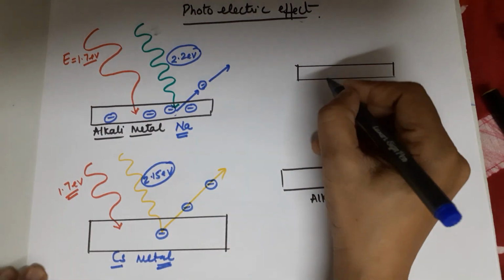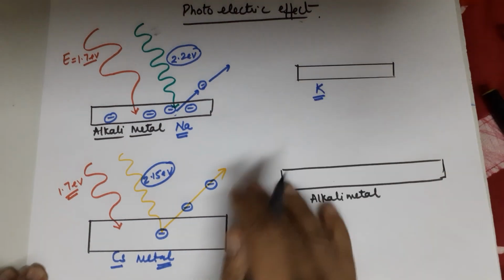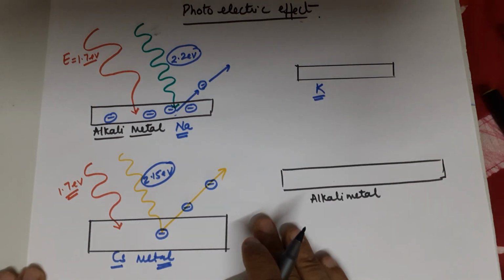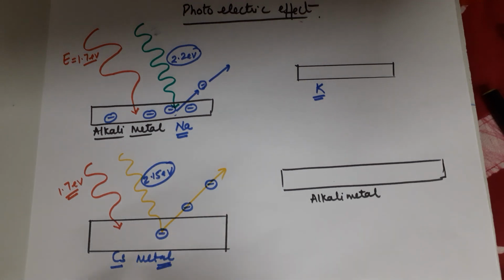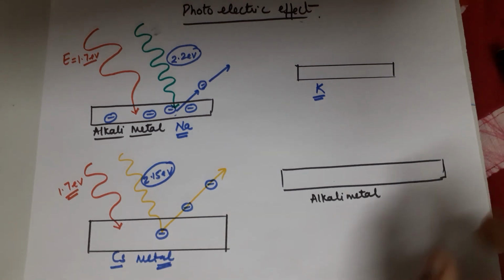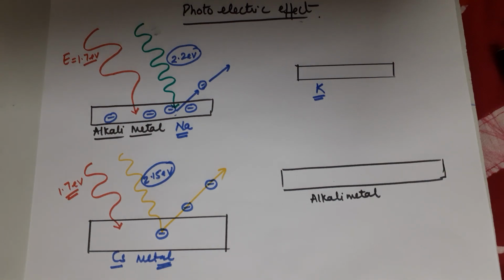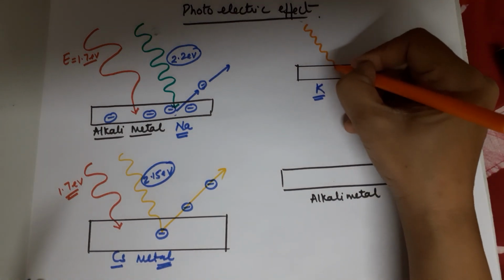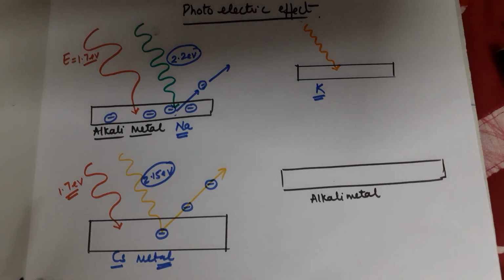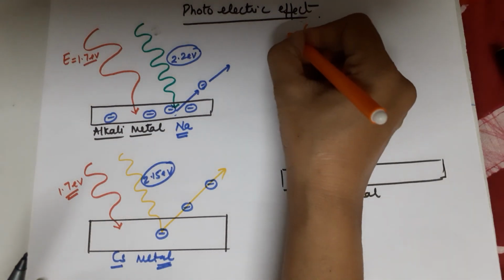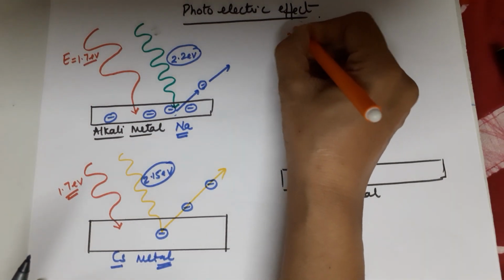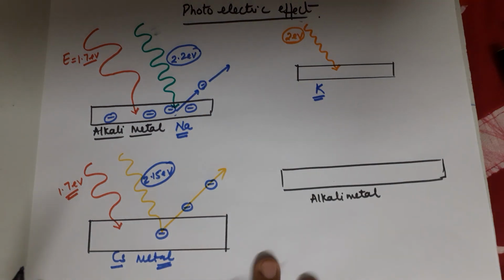Similarly, if I take potassium. Now when I talk about potassium as a metal, it is found that with the orange light, the photoelectric effect does not happen. Orange light has 2 electron volts ka energy. Photon energy is 2 electron volts. No photoelectric effect was observed.